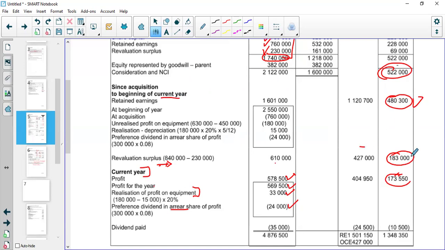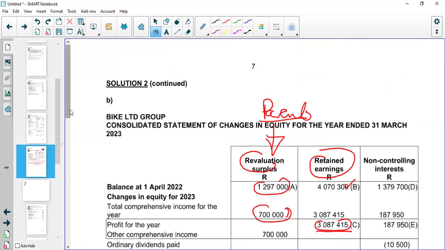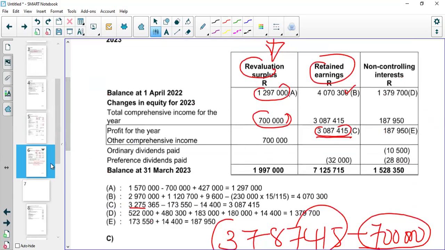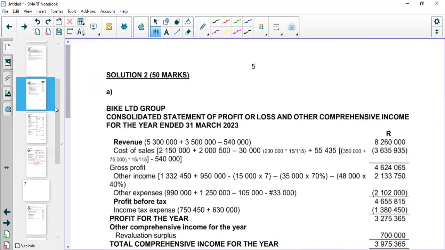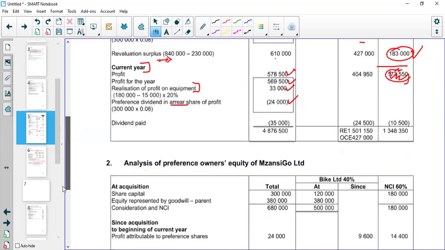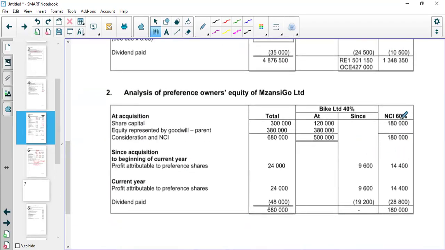Then a share of revaluation surplus, current year profit is out. Then also a share of preference shares. Don't we have preference shares here? Right, it's here. So just 60% of 300,000. That's 180. So don't worry about all that. It always comes to 180. Right. So that's our NCI at the beginning.